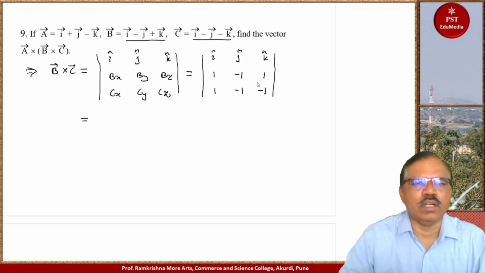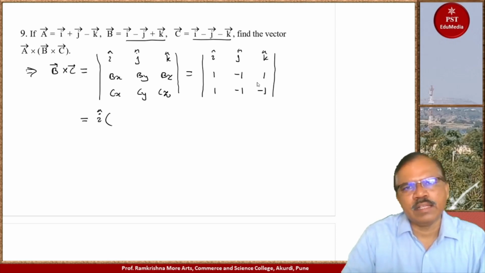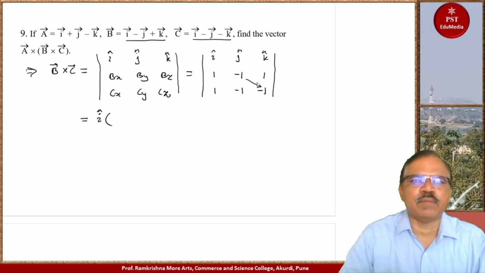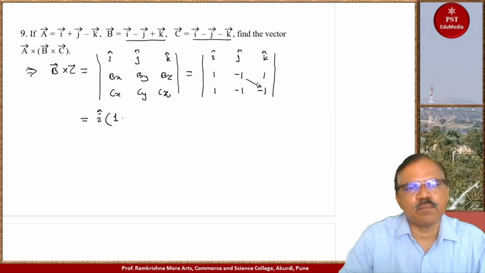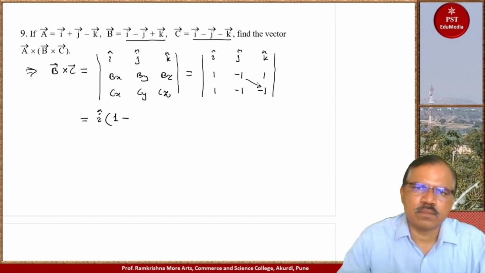So this is equal to now i multiplied by this into this. Minus 1 into minus 1, that is 1, minus, now 1 into minus 1, that is minus 1. So 1 minus minus 1, so you will get 1 plus 1.